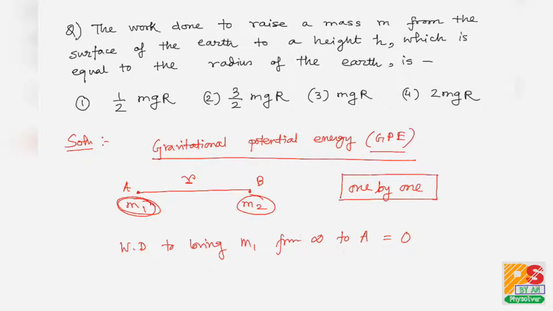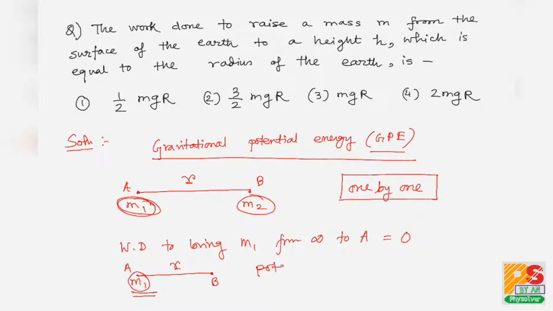Now when m1 is at A, this mass will create a gravitational field around itself. Therefore I can say that at B there will be a gravitational potential due to this mass m1. What will be that potential?